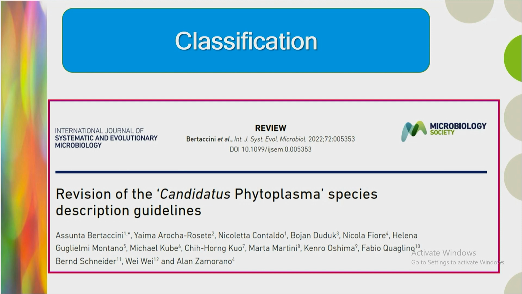IOM is the International Organization for Mycoplasmology, and it also includes the plant mycoplasmas, so the phytoplasmas. This group, several of whom are here today, published one year ago a revision about the designation of Candidatus Phytoplasma species.